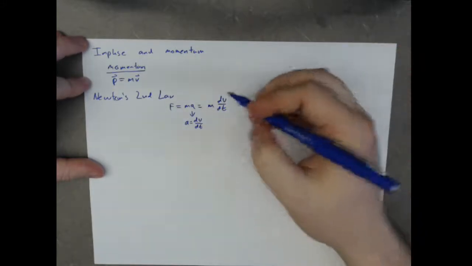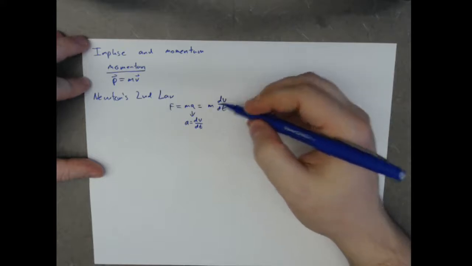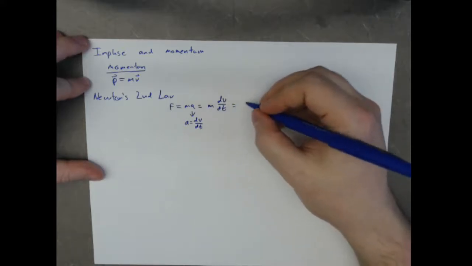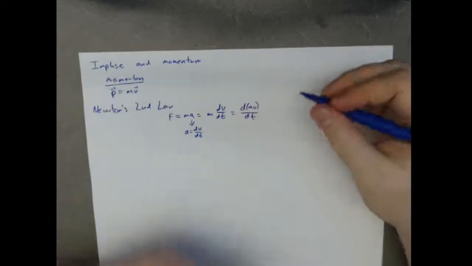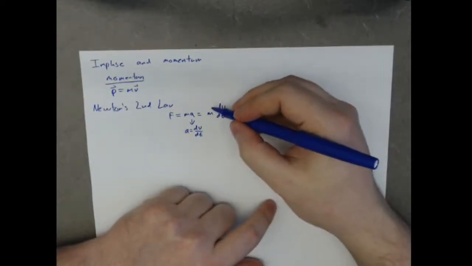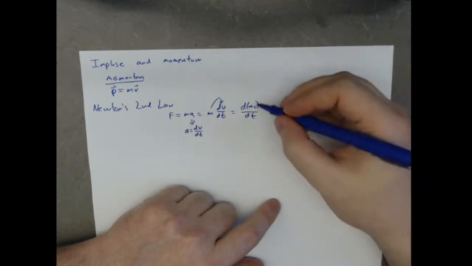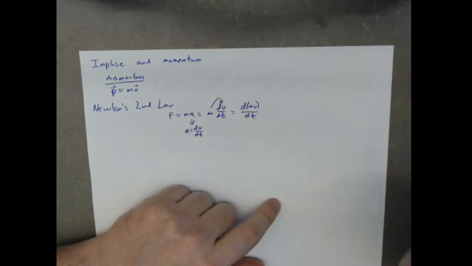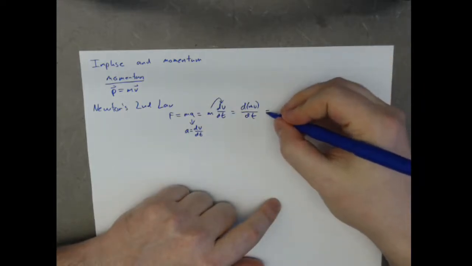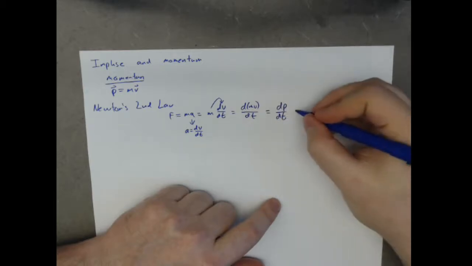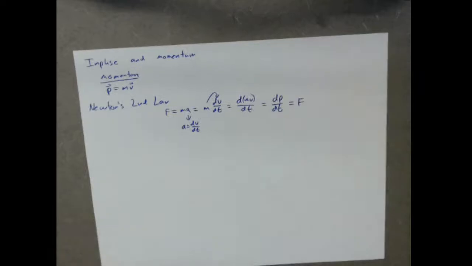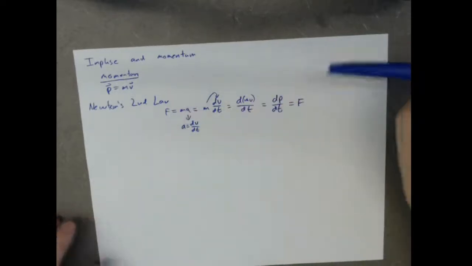But as we've been talking about, mass is a constant, so we can bring that inside. We're just putting mass inside of there. And that is what we've just called the definition of momentum. So dp/dt, and going across to the left, all that's equal to the force.